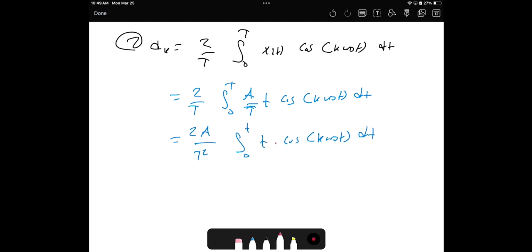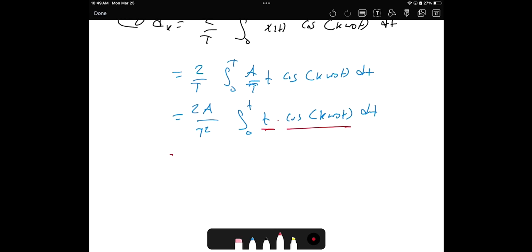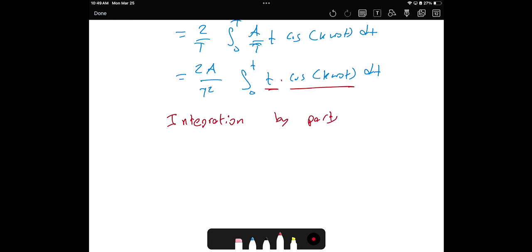Now, how to find the integral of t cosine k omega naught t? It's not easy. Remember Calculus 2, integration by parts? Okay, you need to go back and recall. I'm just going to write this for the numerator. Integration by parts will be your homework, review it. You say u equals t, then du equals dt.